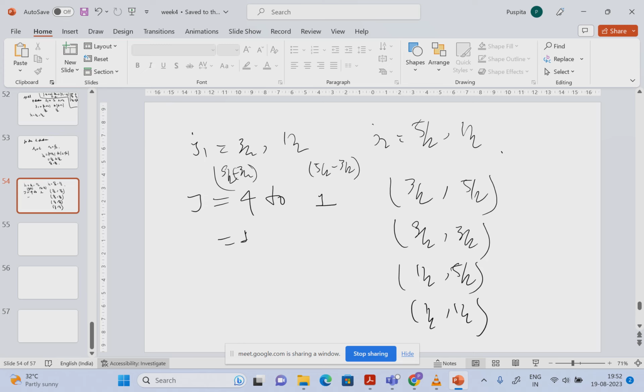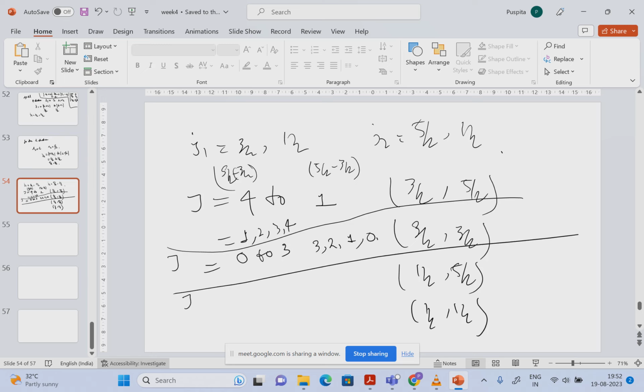So 4 to 1: 1, 2, 3, 4. This j gives 0 to 3, so 3, 2, 1, 0. This j gives 3 and 2, and this j gives 2 and 1. So these are the levels.